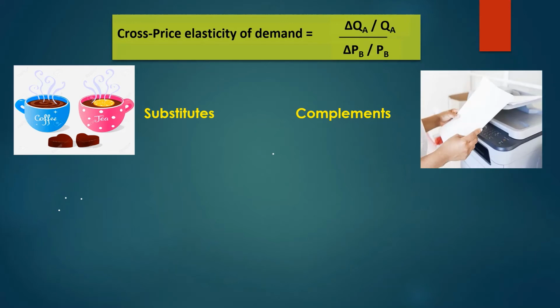Now let us try to understand cross price elasticity of demand for complements. Complements are those goods which are essential for each other. You always demand them together. For example, paper and printer. Whenever you purchase a printer, you always demand paper, because without paper you cannot use the printer.